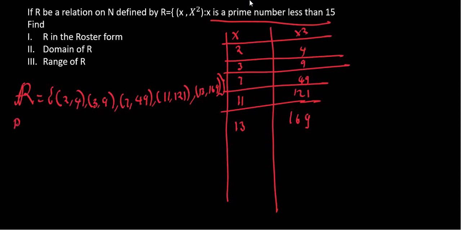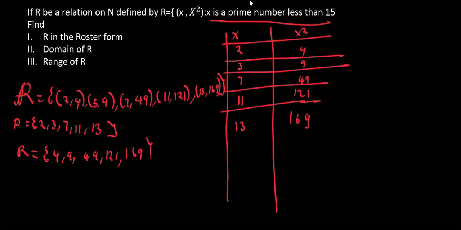How about the domain? The domain would be 2, 3, 7, 11, 13. How about the range? The range will be 4, 9, 49, 121, and 169. That's all. Simple and straightforward.